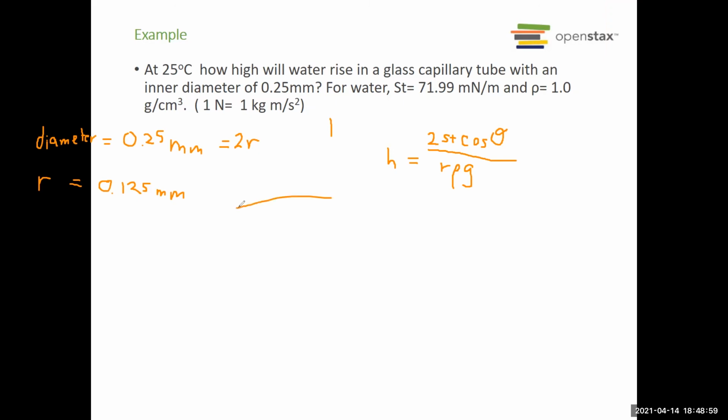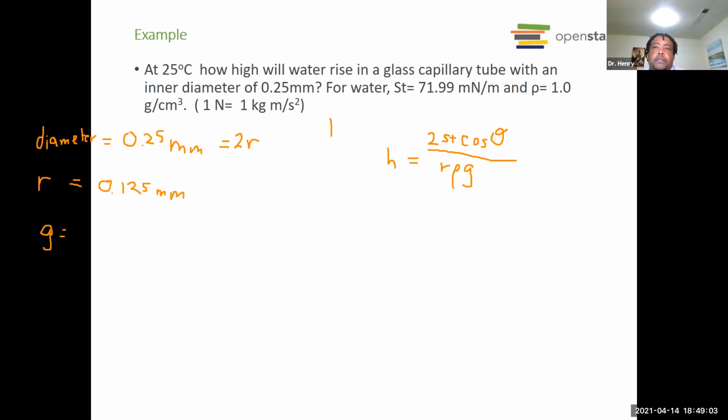Okay, so we know that g is going to be 9.8 meters per second squared. This radius is in millimeters. We should probably put it in meters, wouldn't you guys say?